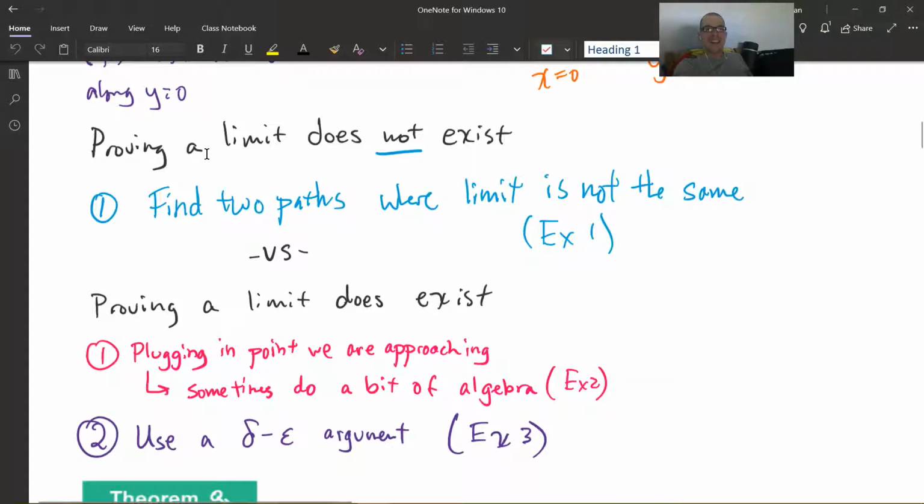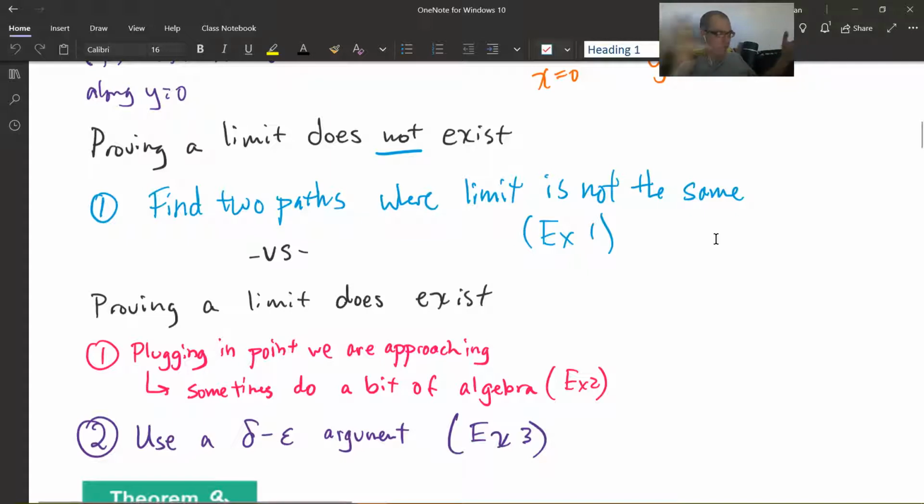So if we think that the limit might not exist, all we have to do is find two paths where the limit's not the same. Basically, we're constructing a counterexample to the limit claim. And so that's actually what we're going to do in example 1.